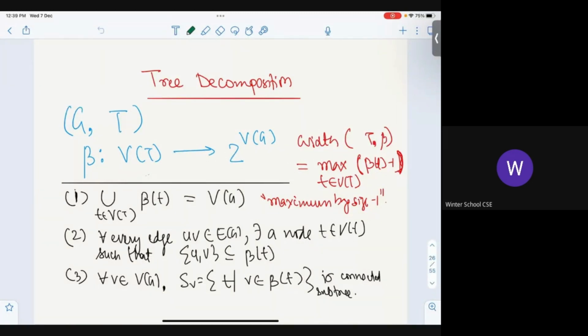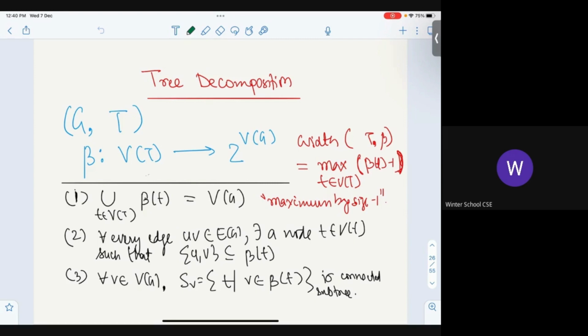This is a standard notation, I thought. If n is 1 to n, then 2 to the power n is all subsets of n. Because I don't know a priori which subsets are mapped to it, I allow you to take any subset of my vertex set.